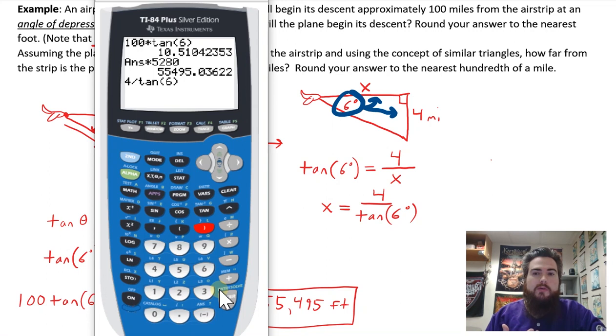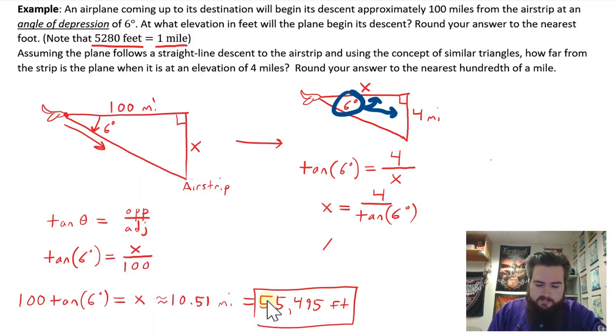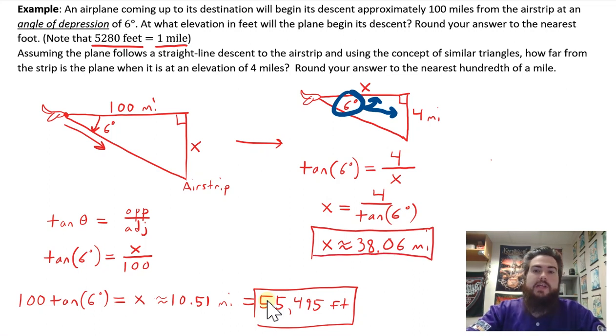We were originally 100 miles, so I do anticipate that I am more than halfway there, and I would expect a number less than 50 miles. Let's see what we get here. We get 38.06. So x would equal about 38.06, and that is in miles. That would be the solution to the second part of this problem.